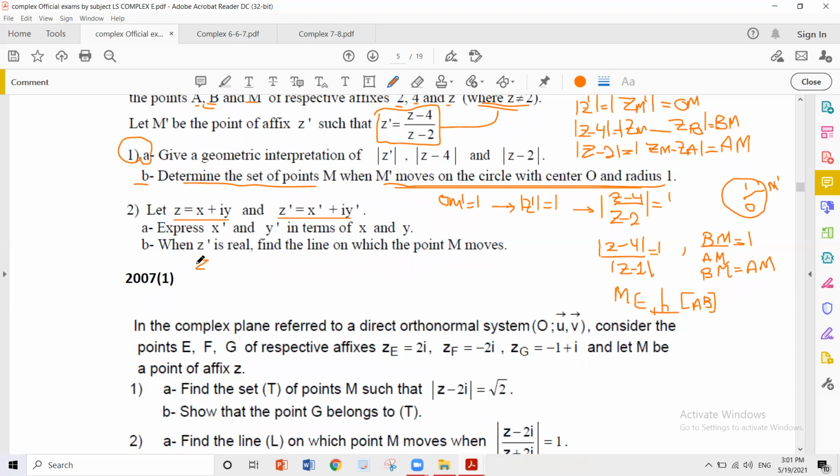So z prime equals x plus iy minus 4 over x plus iy minus 2, times the conjugate x minus 2 minus iy over x minus 2 minus iy.